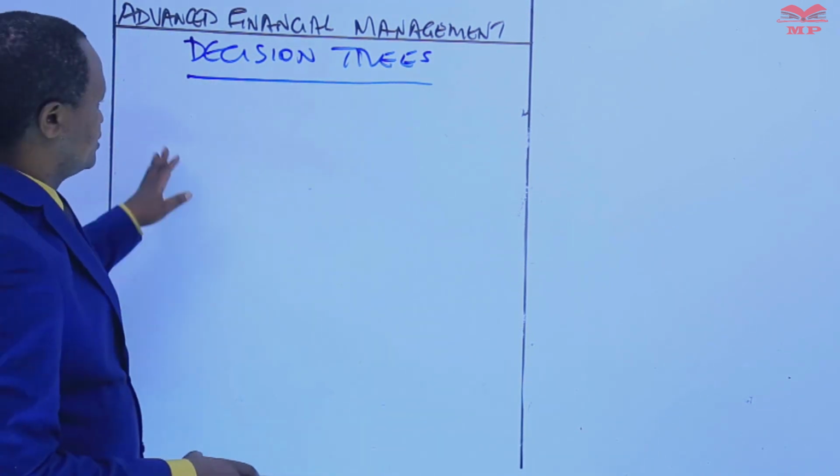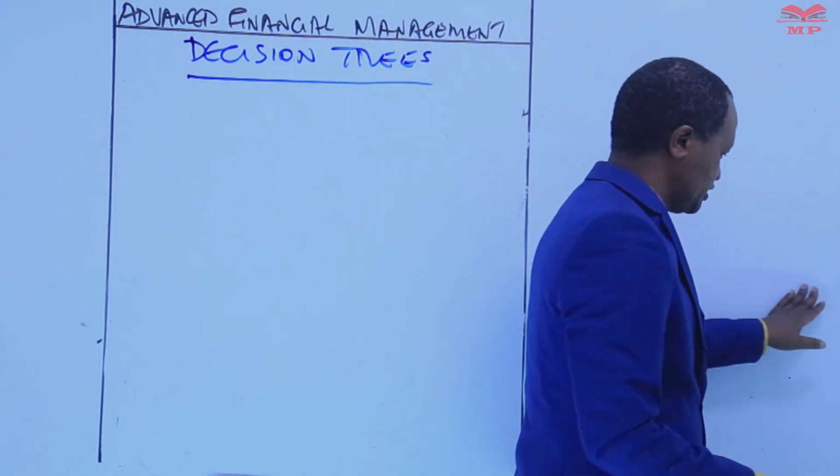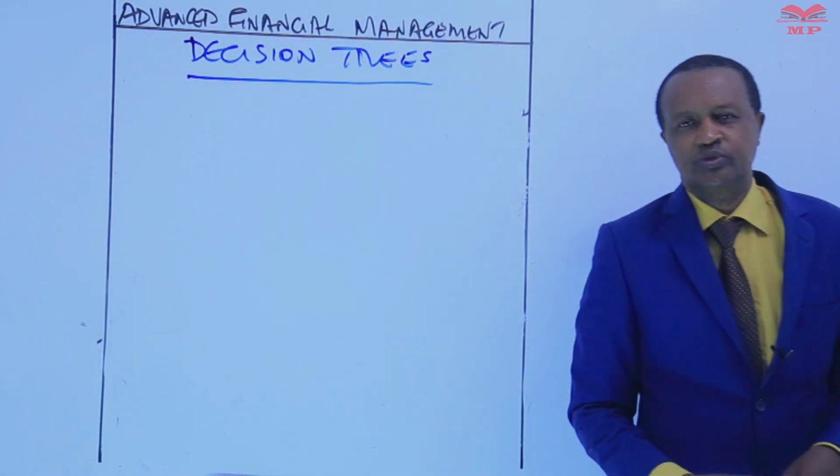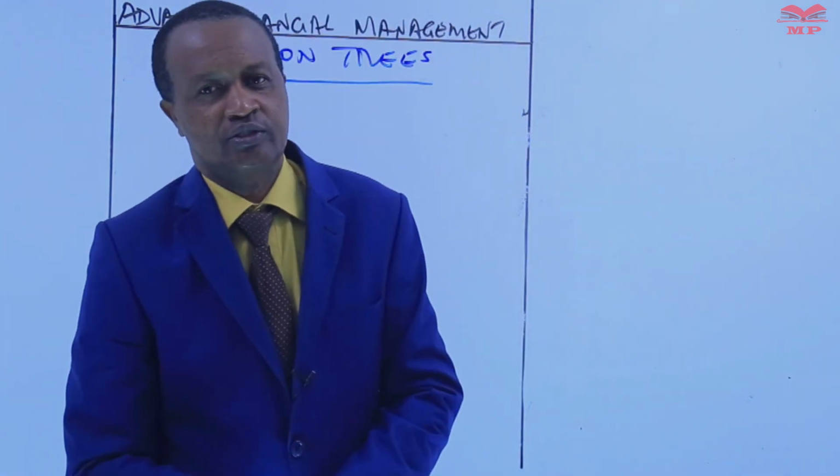Decision trees are trees that help us make decisions in capital budgeting. These are trees that we draw that help us make decisions.